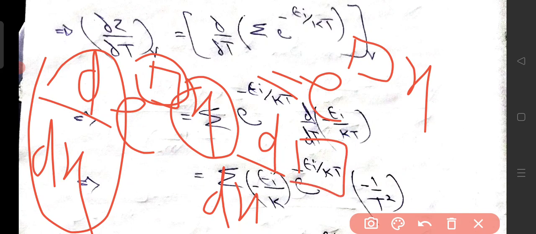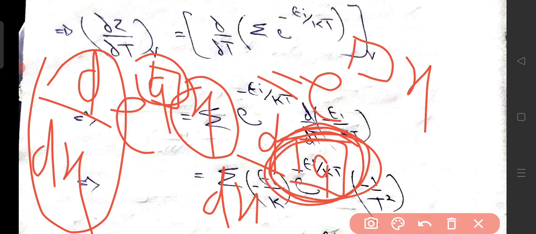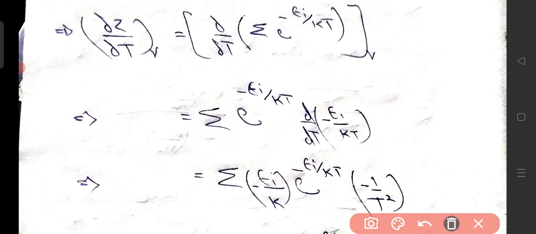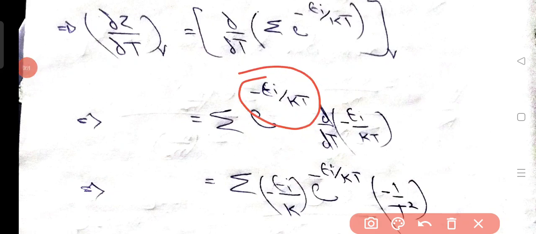We have no concern in the general formula about what is in the box, whether it is a large function or a small function, a constant value like a, or a very large function in terms of a variable. Here we have the variable Ei divided by kT.